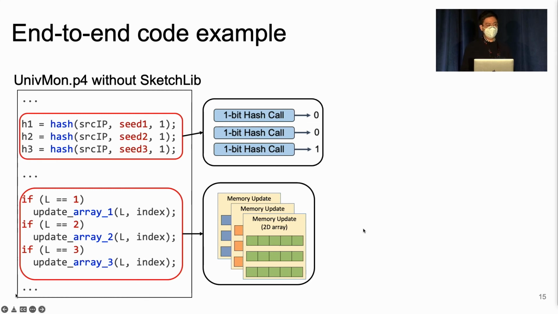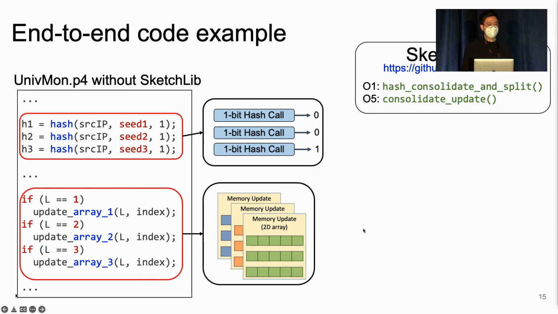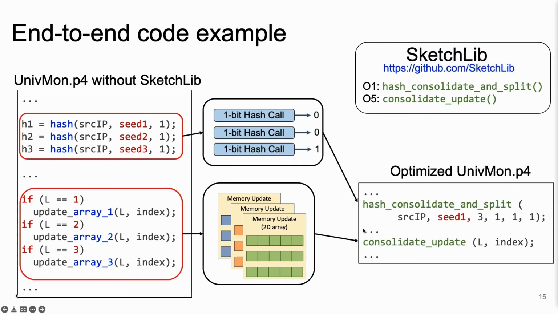So you know that you can apply SketchLib optimization. Then you go to SketchLib, and you find these 2 API calls for the corresponding optimizations. Now you just need to replace the previously inefficient code with SketchLib API calls. Then your code is automatically optimized, and the bottleneck resources will be reduced.